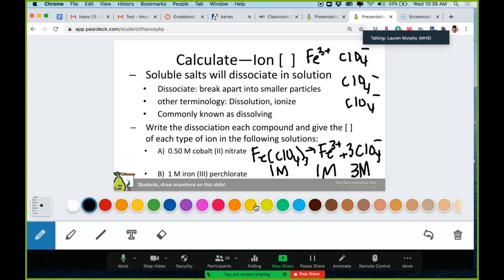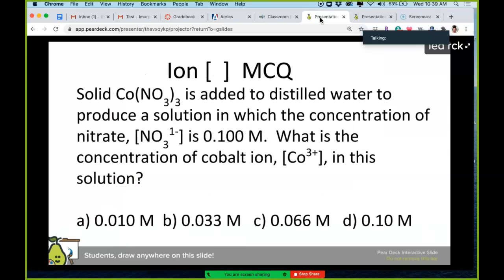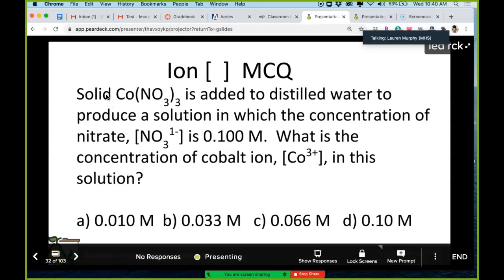Any questions? Okay, so on the AP test, they actually have asked this before, as a multiple choice question, meaning you should technically be able to do this without a calculator. So solid cobalt 3 nitrate is added to distilled water, so they're making a solution, and they tell you the concentration of the nitrate ion that comes out in solution, and they want to know what the concentration of the cobalt ion is.